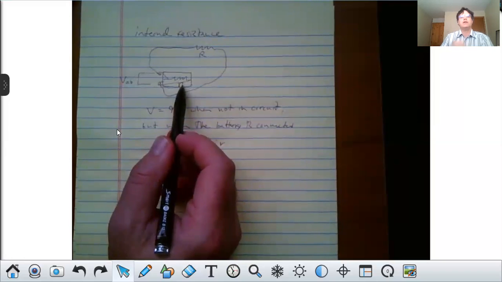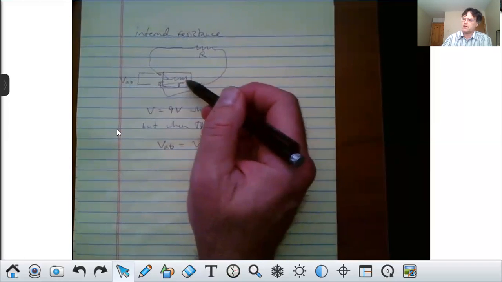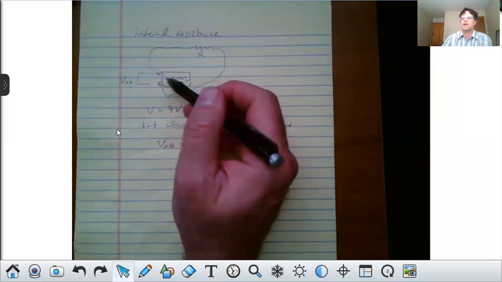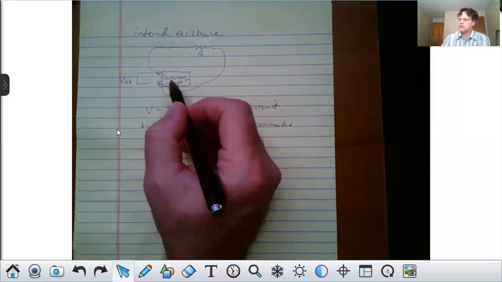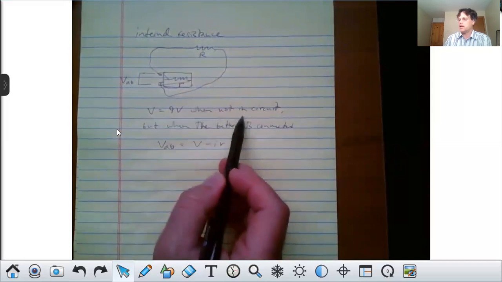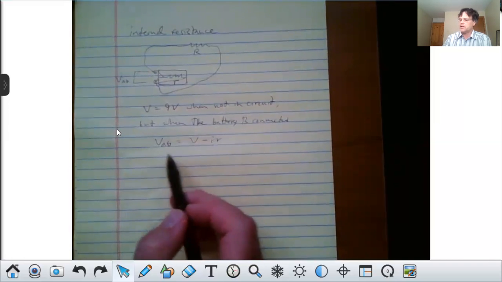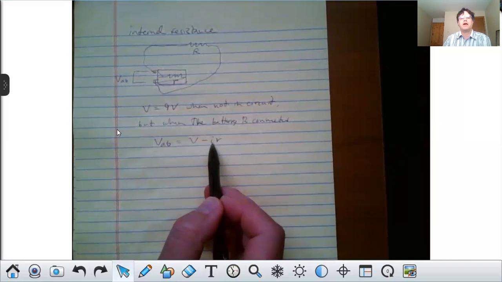So when you hook it into the circuit and you end up doing kind of a Kirchhoff's loop rule thing, you get the voltage between the terminals of the battery, you go across this internal resistance. So instead of the 9 volts when it's not in the circuit, when it's connected, you get the voltage between the terminals as V minus IR, right?